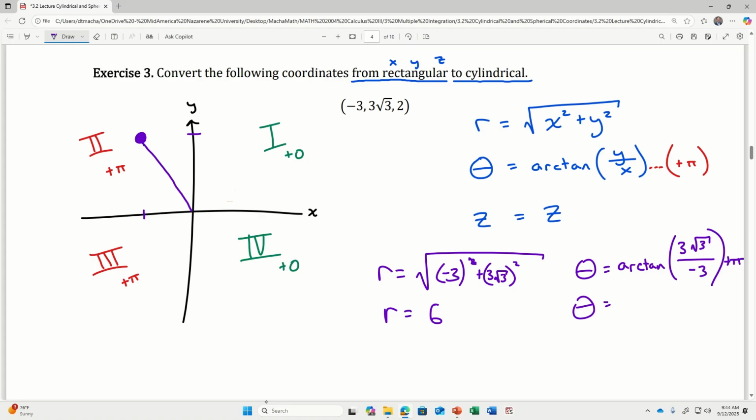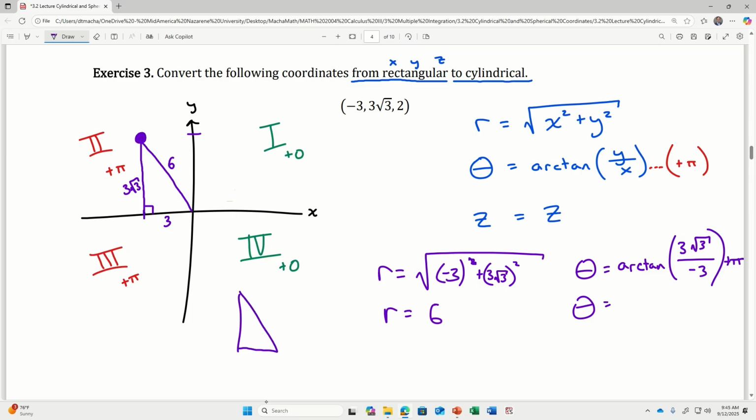And since this triangle, we talked about this triangle yesterday, has this side length of 3, this side length of 3 square root 3, and this hypotenuse is 6, this is similar to a special right triangle, right? 1/2, root 3 over 2, 1.